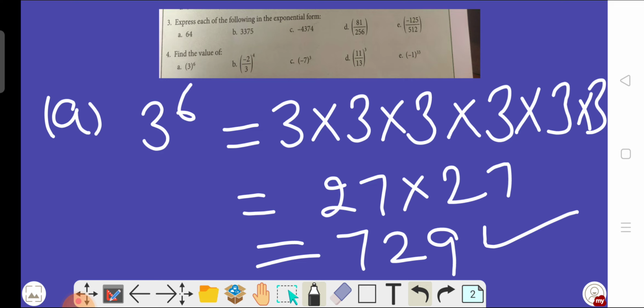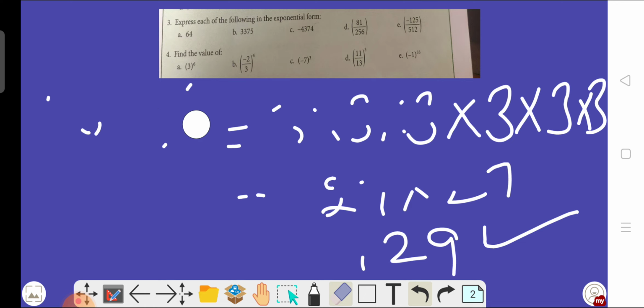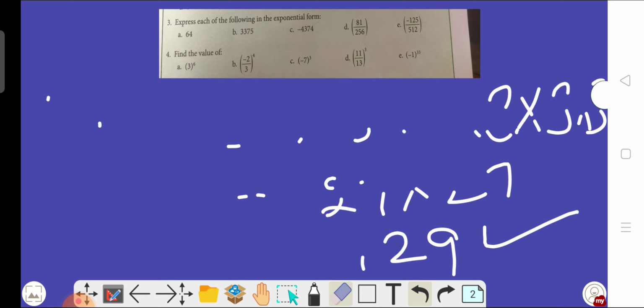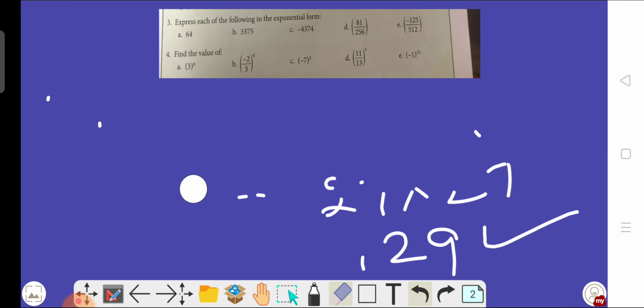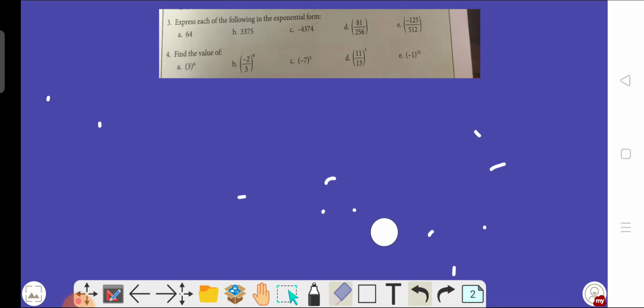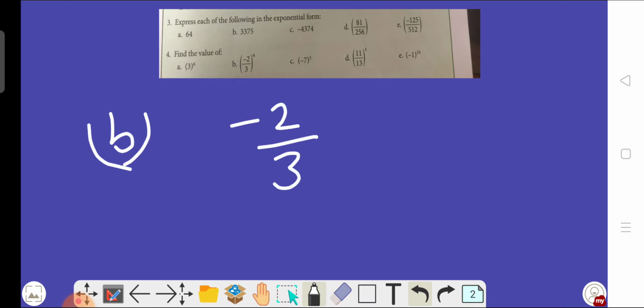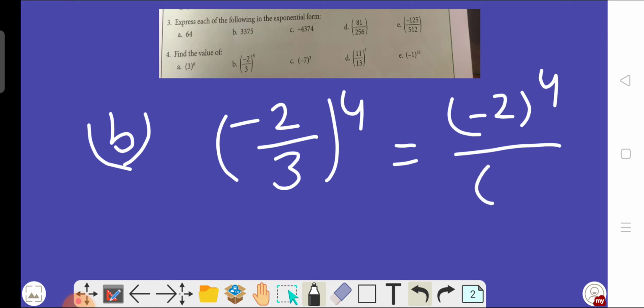In the same manner, we have to solve the remaining parts. Okay. Now let us take an example. B part, minus 2 by 3 raised to the power 4. This is equal to minus 2 raised to the power 4 over 3 raised to the power 4.